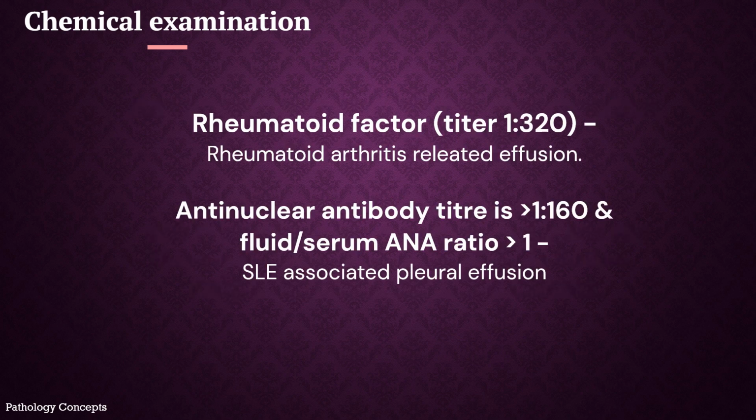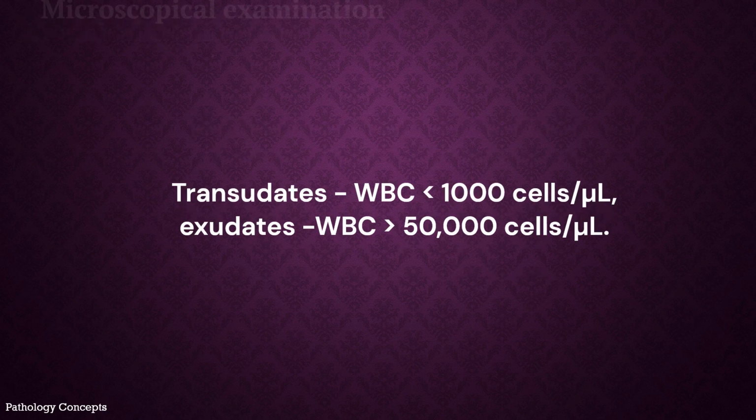An elevated pleural fluid rheumatoid factor, a titer around 1:320, is seen in rheumatoid arthritis related effusion. Antinuclear antibody titer more than 1:160 and pleural fluid to serum ANA ratio more than 1 is seen in SLE associated pleural effusion.